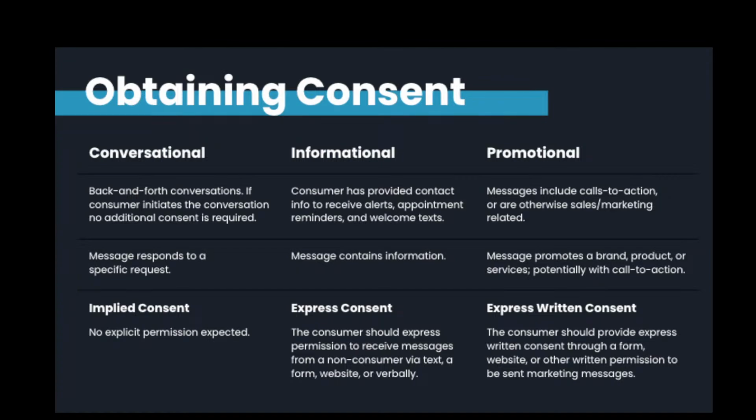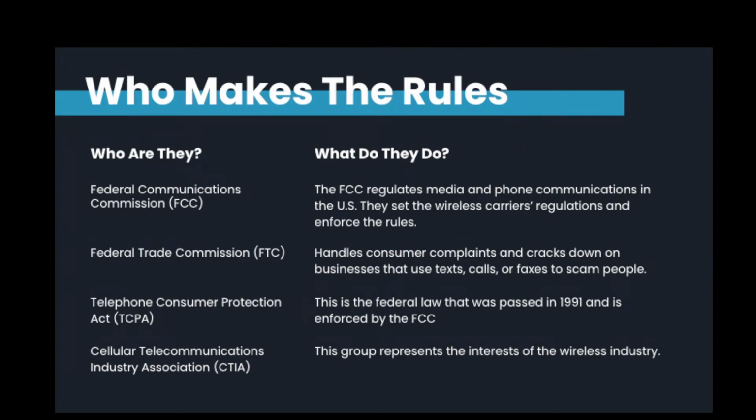Well, now that we've gone over the basic rules, let's take a look at who makes the laws and the regulations. In the US, business texting and compliance law is governed by the Federal Communications Commission and the Federal Trade Commission. These are the lawmakers that set the rules for all participants in the mobile ecosystem to follow.